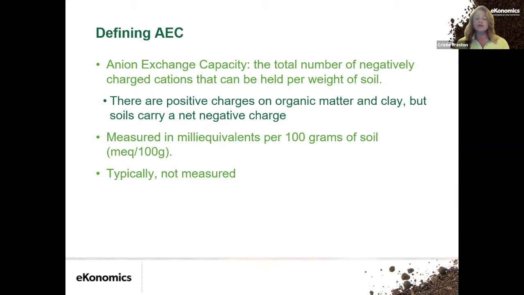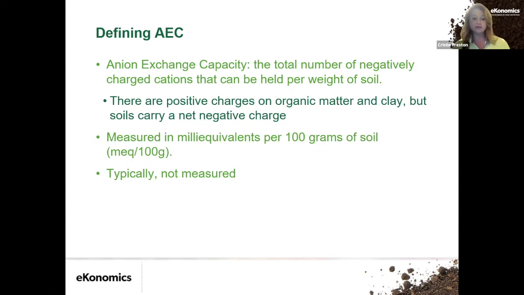So the soil can have a positive charge on organic matter or on the clay particles within the soil, but in general, soils carry a net negative charge. It's measured in milliequivalents per 100 grams of soil, but typically we don't focus on this, especially here in the US. We don't focus on anion exchange capacity.